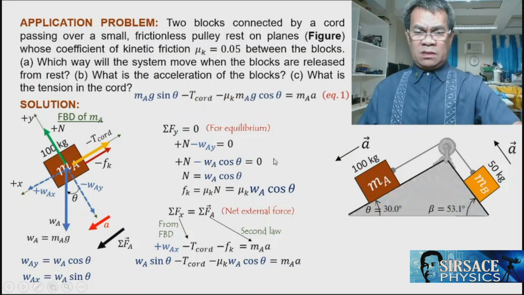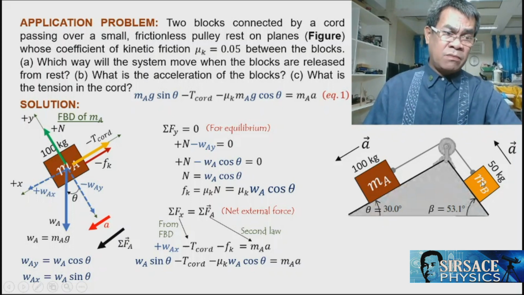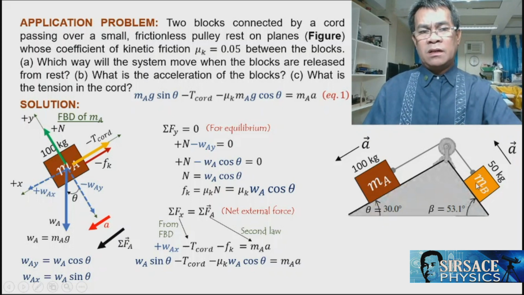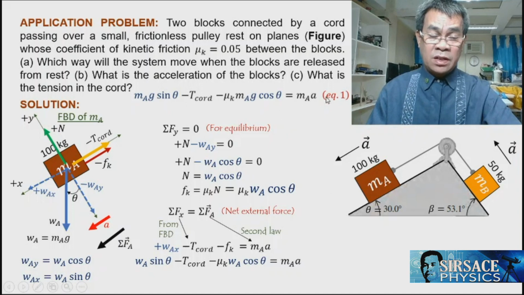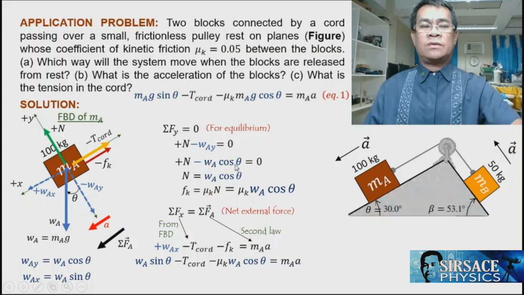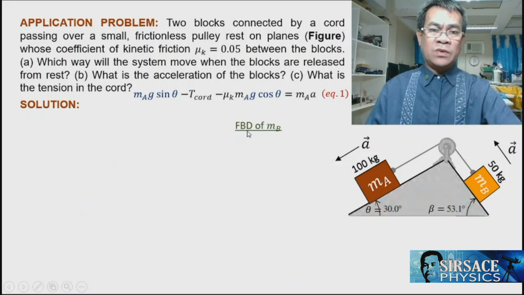Next, since we have already constructed the free body diagram of A, we still have another block, block B. We need also to do the free body diagram and follow the same procedure as this, then form another equation, which we call equation 2. So do it the same. This time, we will construct the free body diagram of mass B.